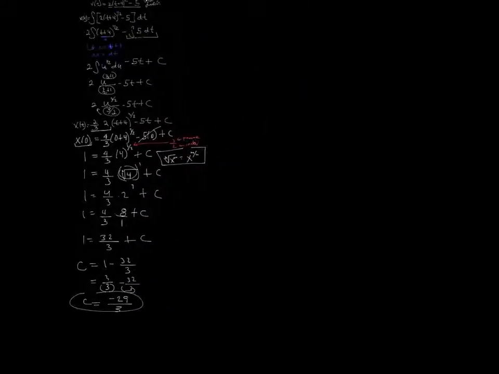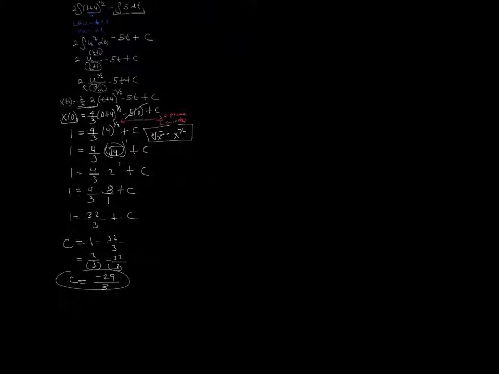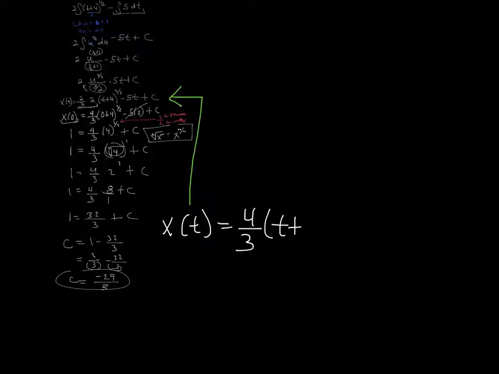Let's go back to our x of t, right there. So x of t, we could say, 4/3 times t plus 4 to the 3 halves minus 5t plus our constant of integration, which is just negative 29 over 3.